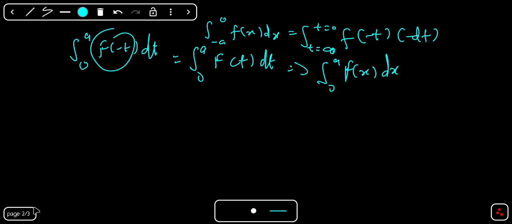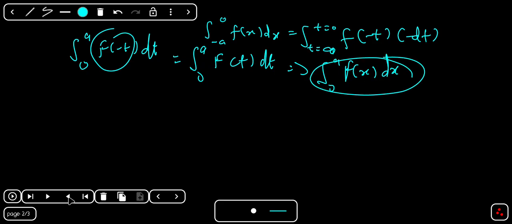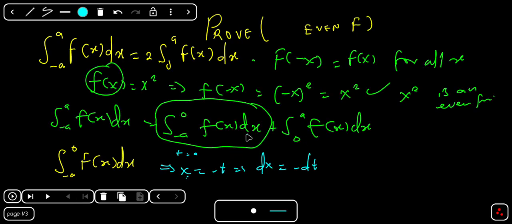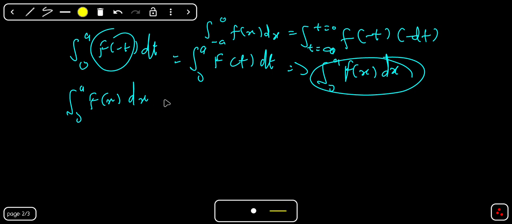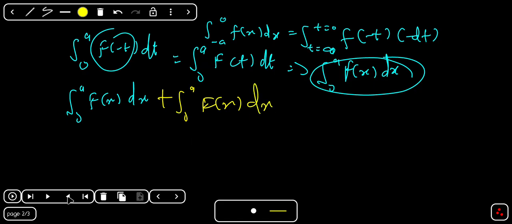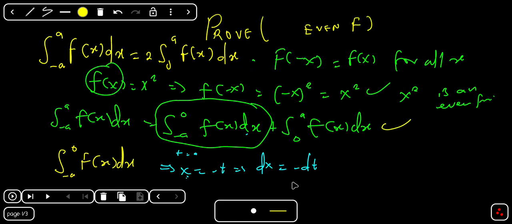If I substitute this back into the original integral, we're going to have the integral from 0 to a of f of x dx, plus the integral from 0 to a of f of x dx, the second integral.